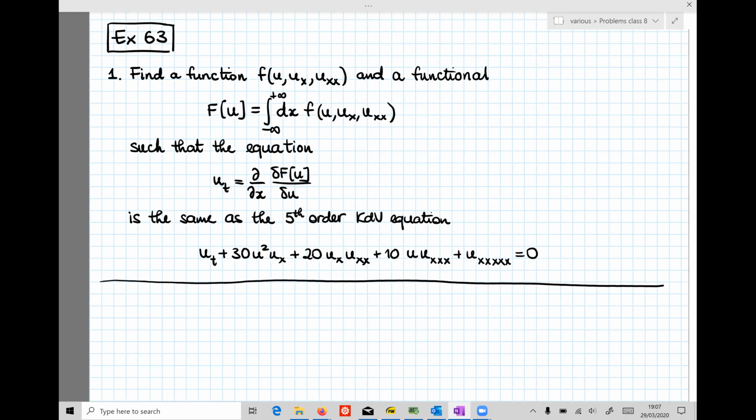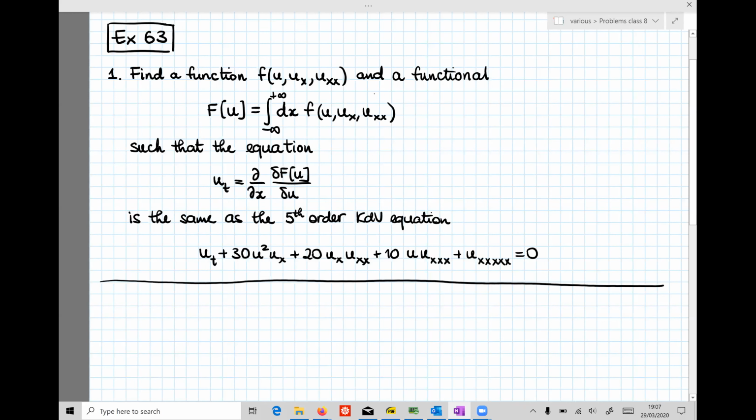So let's start with part one. We want to find the function small f of u, the field, its x derivative and its second x derivative, and the functional capital F of the field u, which is given by the integral of this function small f over x. I remind you that the functional takes a function u of x and in principle t, but we're not interested in the t dependence here, and outputs a number, the result of this integral.